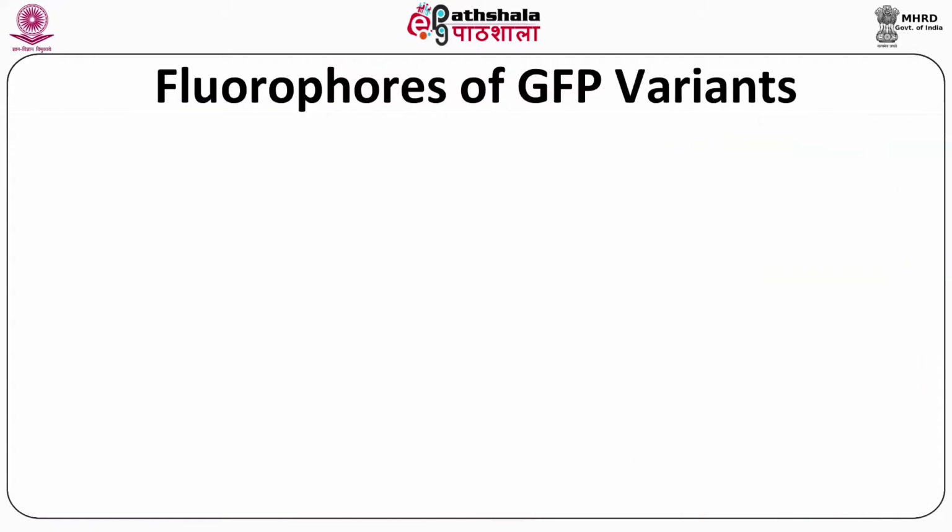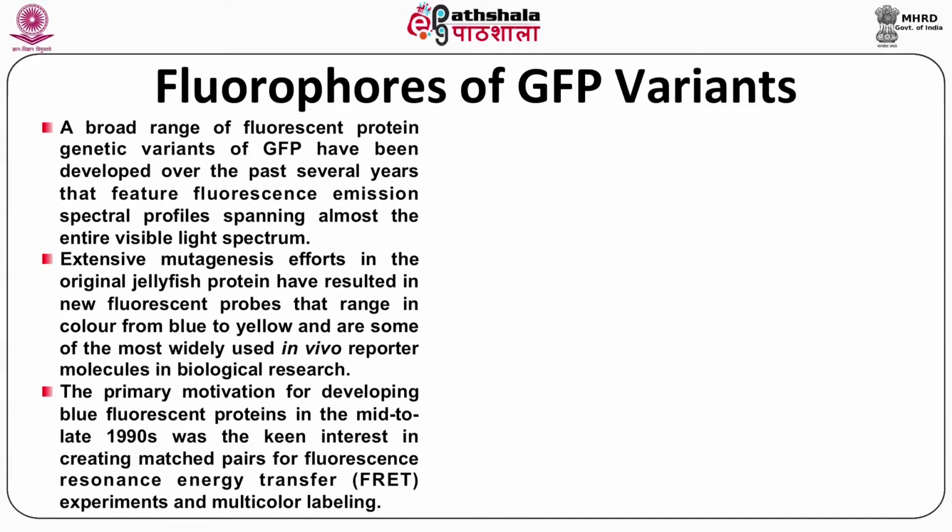Here we talk about the structural organization of green fluorescent protein variants. A broad range of fluorescent protein genetic variants of GFP have been developed over the past several years that feature fluorescence emission spectral profiles spanning almost the entire visible light spectrum.